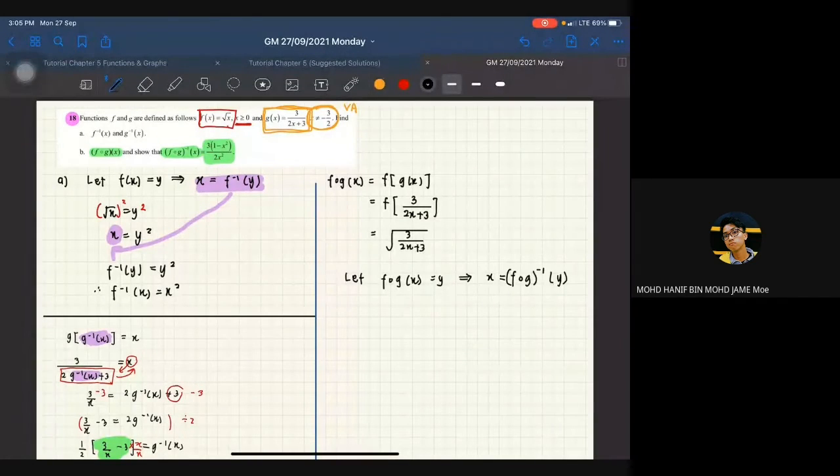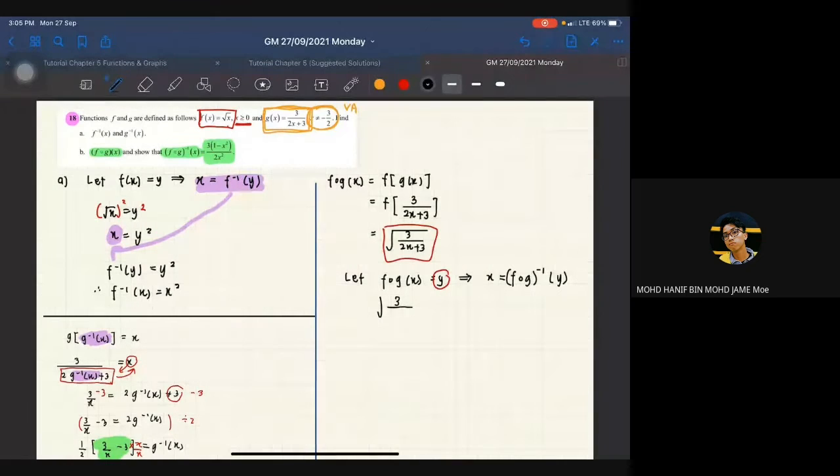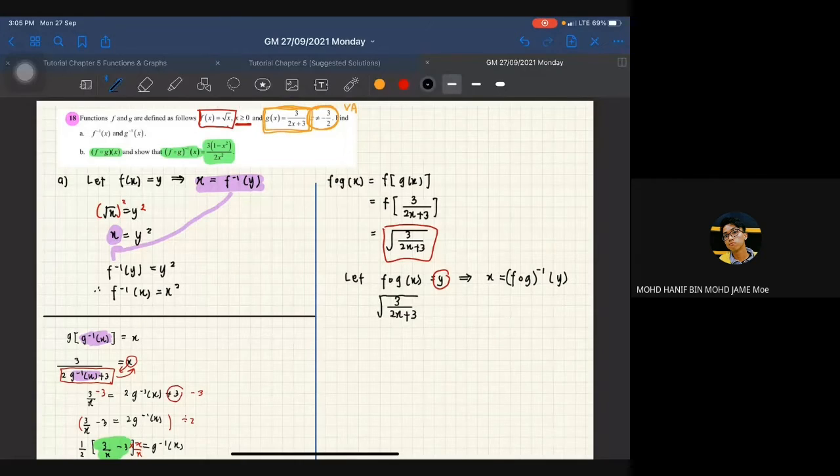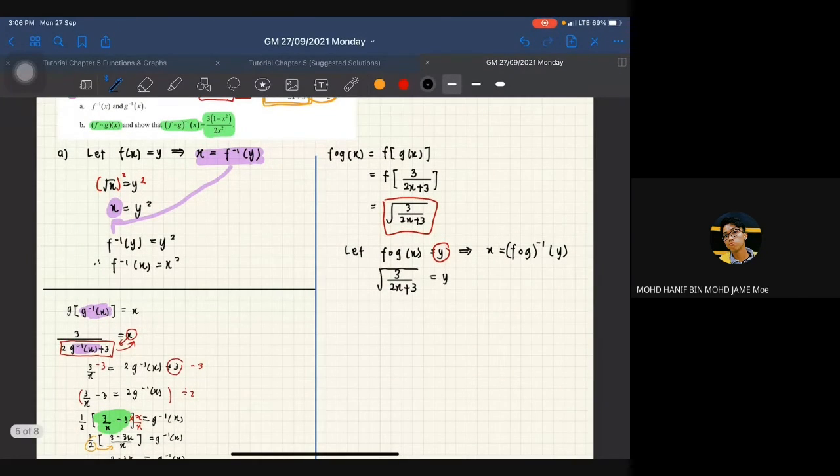So kita gantikan sahaja kita buat this one. We'll make it equal to y. Okay, so we want to find x as our subject. So we will get square root of 3 over 2x plus 3 and then it is equal to y. Okay, so first kita akan hilangkan square root. So we are going to square both sides.